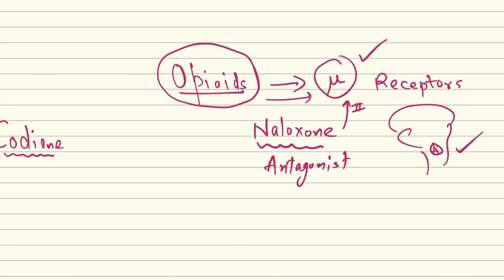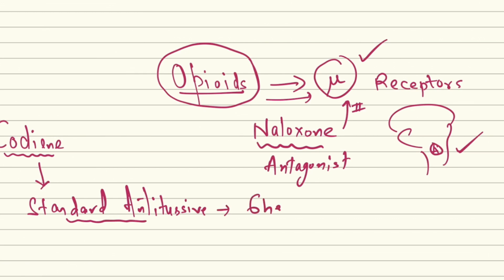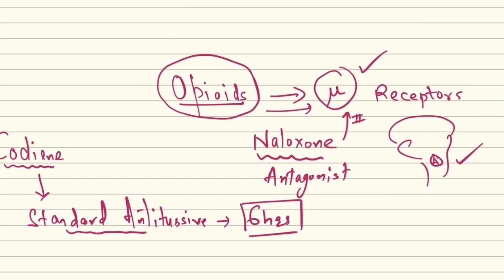Among the opioids, the standard drug is codeine. It is the standard antitussive, and its duration of action is 6 hours. It suppresses the cough by acting on the central nervous system. Codeine has drawbacks: it causes constipation as its major drawback.